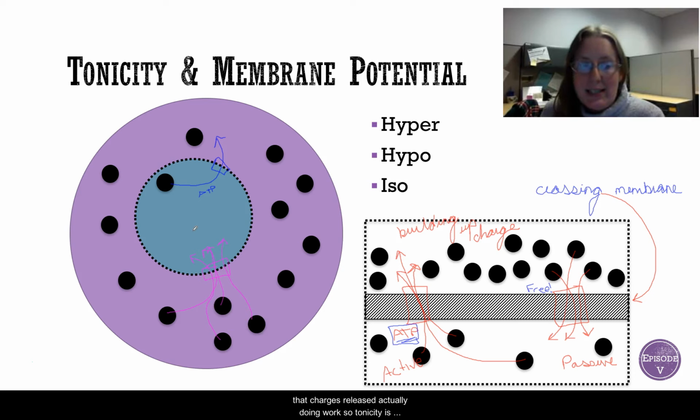So tonicity is related to membrane potentials because you're going to be constantly creating hypertonic or hypotonic environments for this particular cell or for certain regions of the cell in order to facilitate the hydrogen ions or other types of ions actually doing work for the cell.